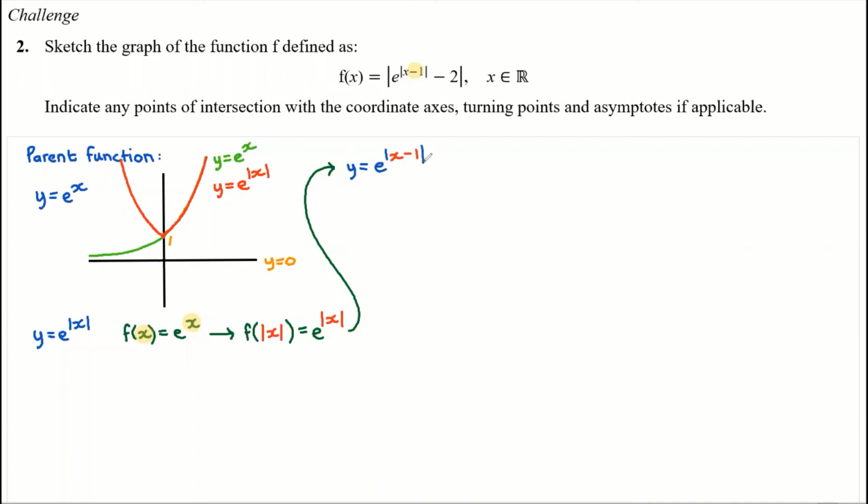Now to do that, I simply take my parent function, and the instructions are I have to move my parent function 1 unit to the left. Or I can say, more mathematically correct, it's going to be a translation by the vector (-1, 0). Okay, and I've just realized that that's wrong.